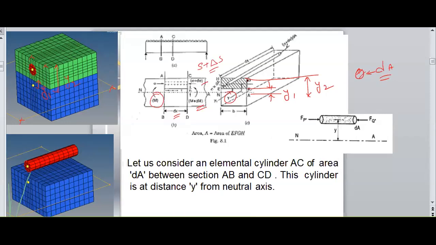Now, we have observed from bending stress that there will be stresses in the beams.